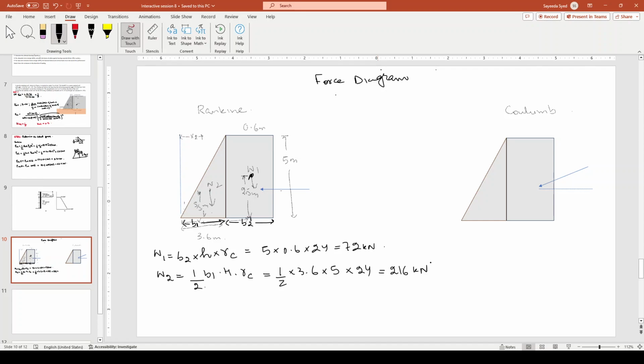So these are the x and the y distances. Now we want to calculate the wall stability, so we will calculate the overturning moments.